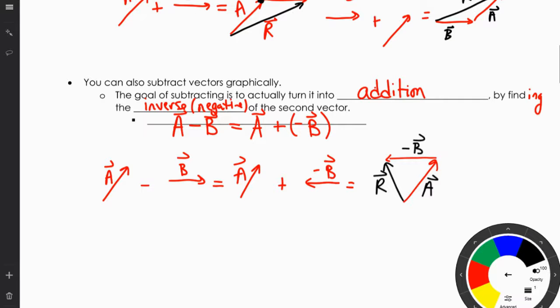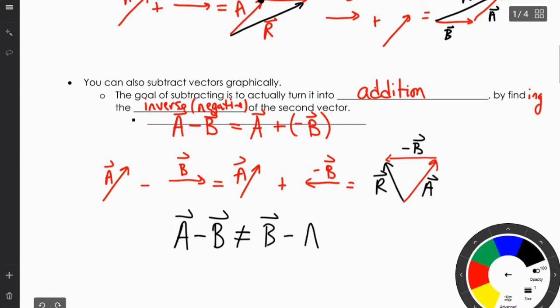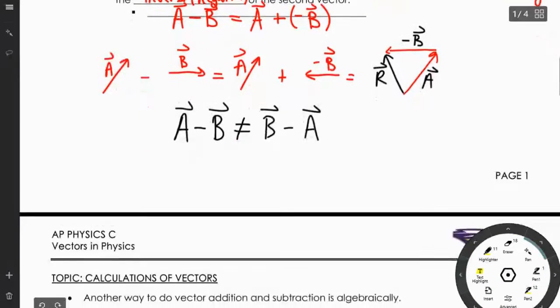But you have to remember, when you subtract, vector A minus vector B does not equal vector B minus vector A. So if you want to quickly look at what that looks like as a picture, if I did B minus A, so here's B, I'll subtract A. So what am I going to do? I'm going to do B plus negative A. Now I can draw my tip to tail.